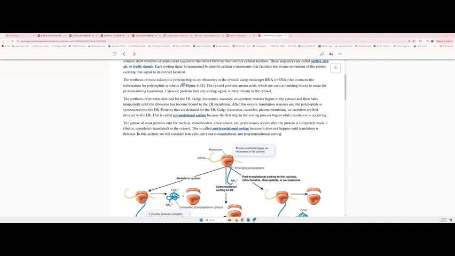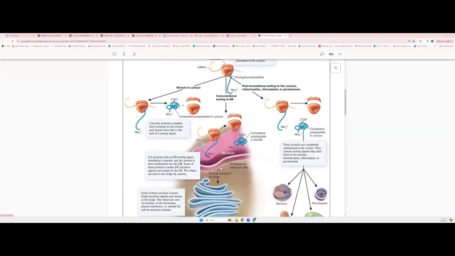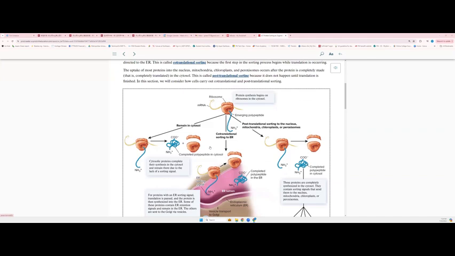After this occurs, translation resumes, and the polypeptide is synthesized into the ER. In this way, proteins designated for different organelles are directed into their designated organelles. This is called co-translational sorting. This chart clearly describes how this process happens.